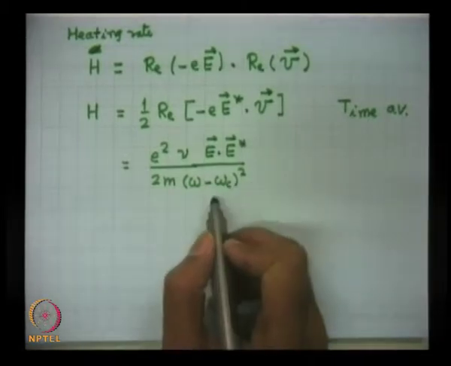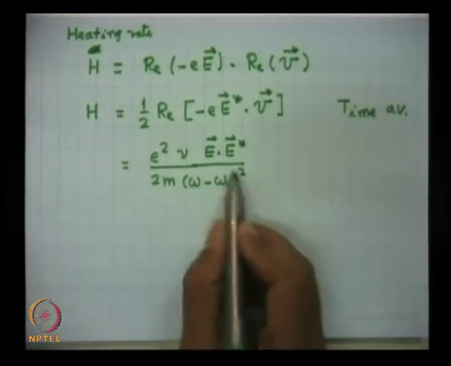That is an interesting expression which explicitly tells you that the heating rate scales as 1 upon (ω − ωc) squared.